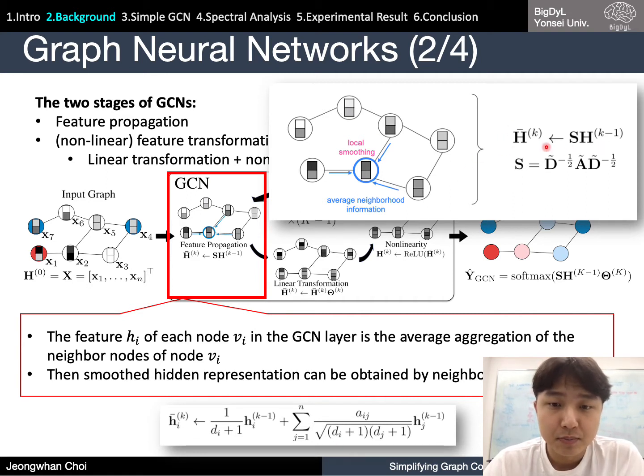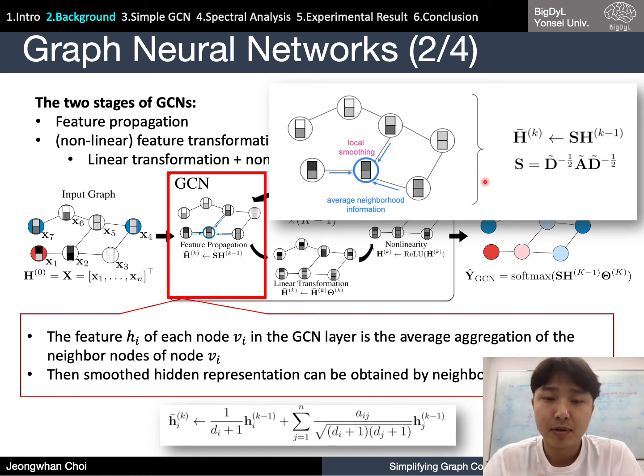The simultaneous update in the equation below for all nodes becomes a simple sparse matrix multiplication, and this S matrix is the augmented normalized symmetric matrix. Intuitively, this step smooths the hidden representations locally along the edges of the graph and ultimately encourages similar predictions among locally connected nodes.